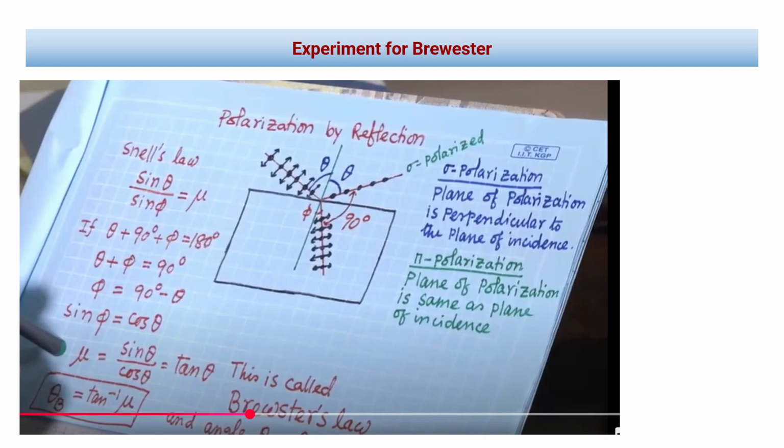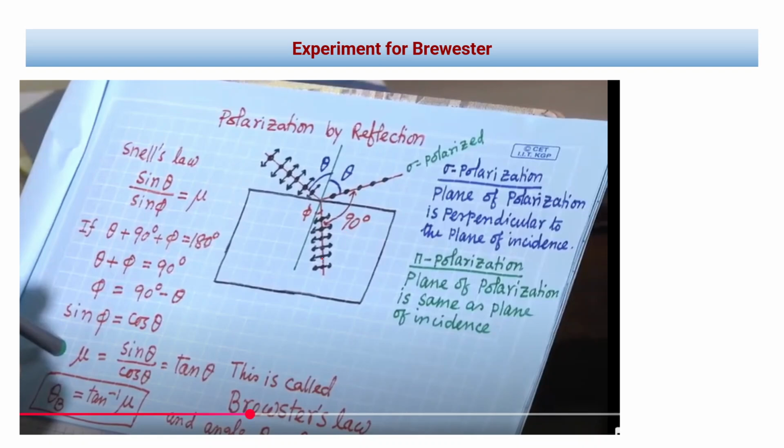What happens is, if we are sending unpolarized light and it's reflecting from a material which has a refractive index higher than air, then after reflection the light will become polarized. Some part of it is getting refracted, and this doesn't happen for all angles. It happens at a particular angle that we call Brewster's angle, at which the angle between reflected light and refracted light becomes 90 degrees, and at this angle the reflected light becomes sigma polarized.